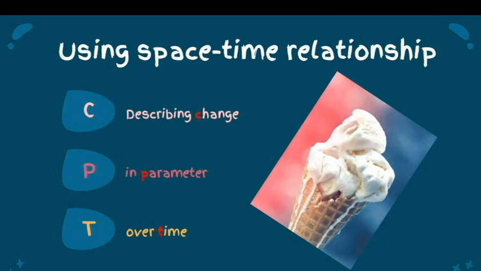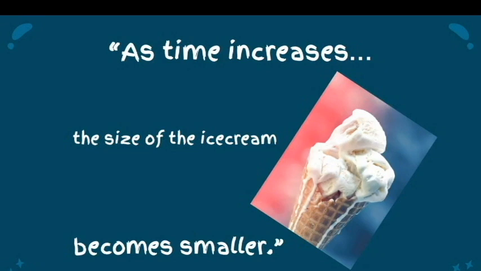Okay, so how can we say about this using space-time relationship based on what we are observing here? Okay, this is an example. As time increases, the size of the ice cream becomes smaller.